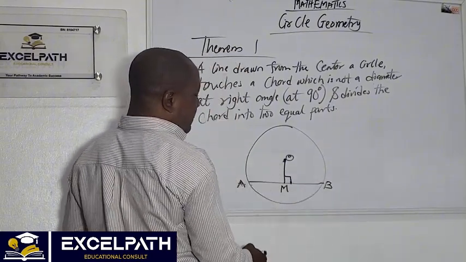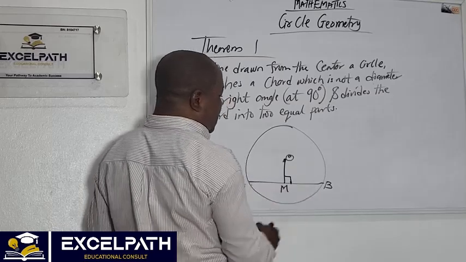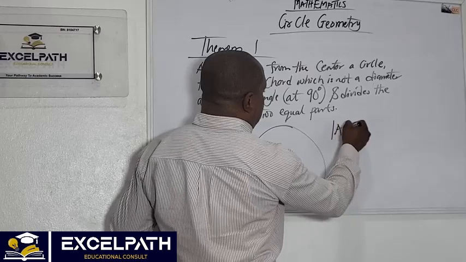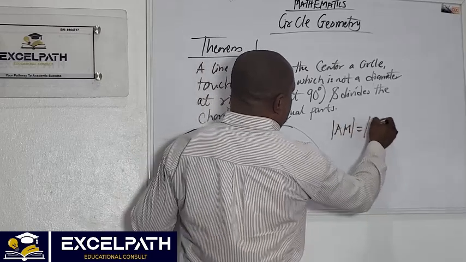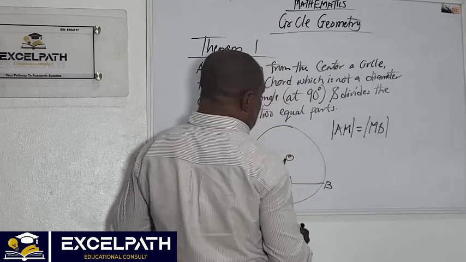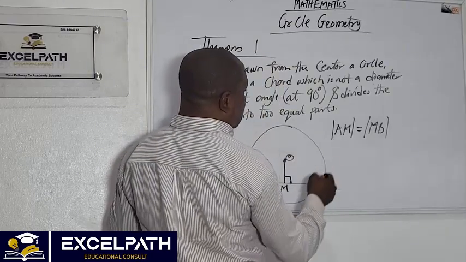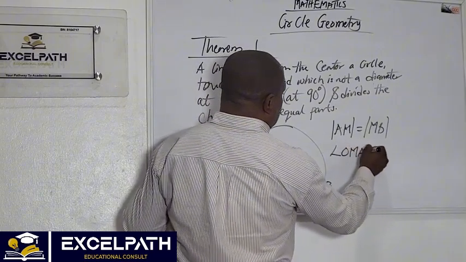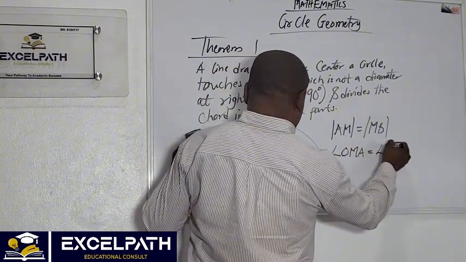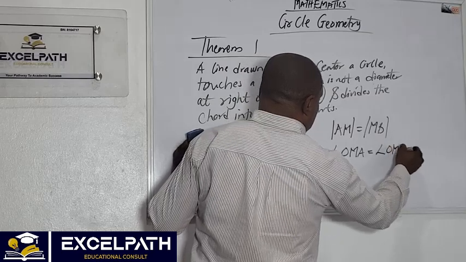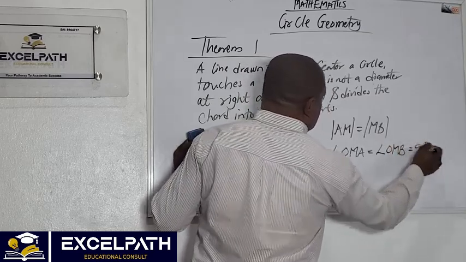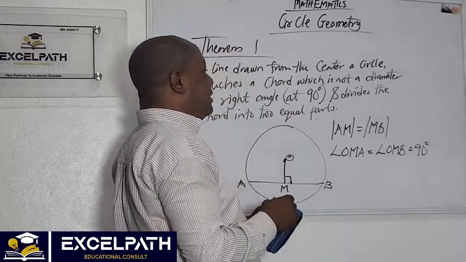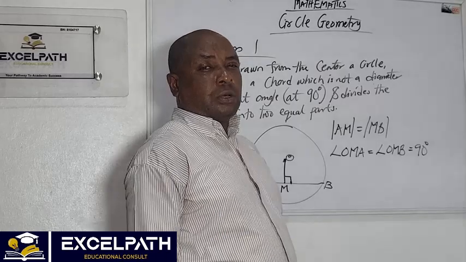Now if we're going to write this, we'll say line AM is equal to line MB. And at the same time, we'll say angle OMA equals angle OMB, which is equal to 90 degrees. These are the things we need to know about the first theorem.